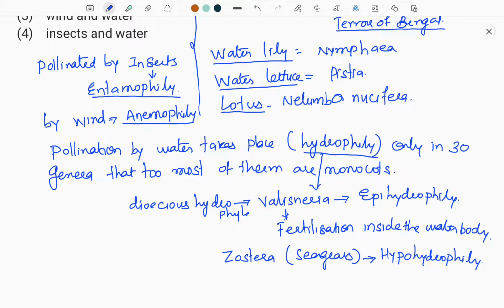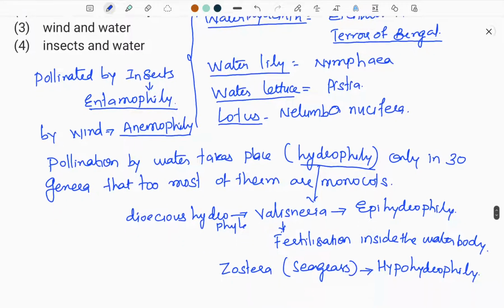They stay suspended in the water body, at the same level where the plant is present. It is really unimaginable, amazing, and we are very surprised how exactly it takes place. But it takes place in Zostera and Vallisneria where hydrophily takes place.